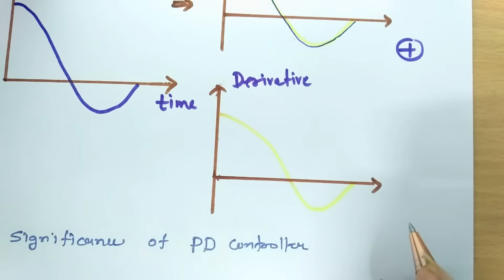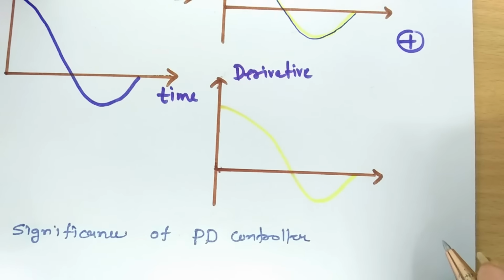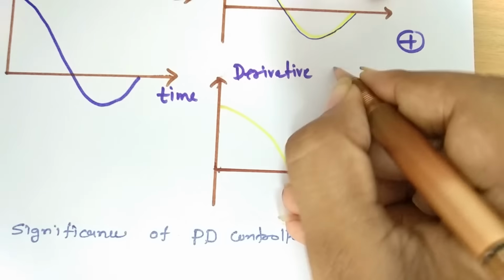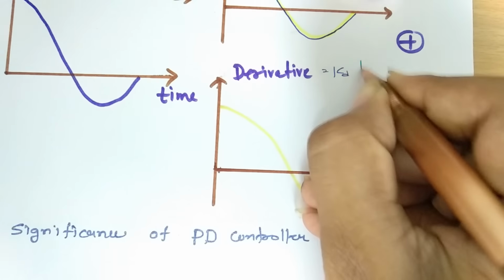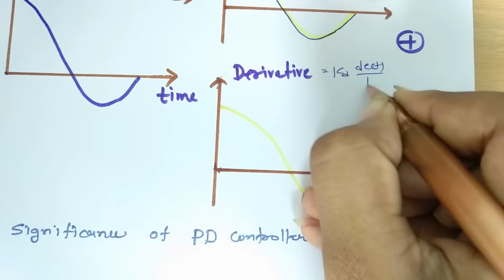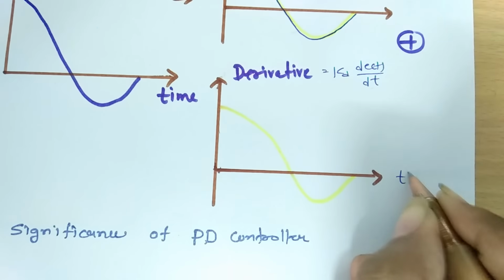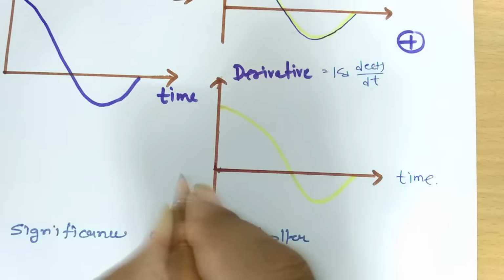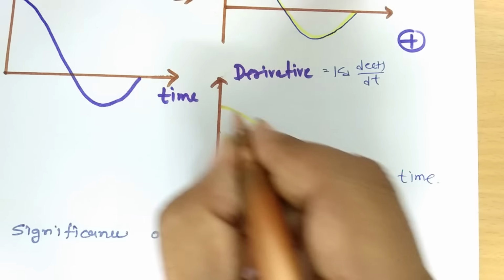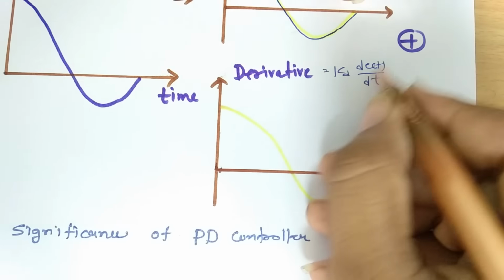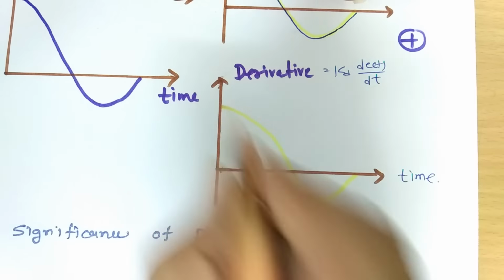Now what happens with the derivative controller? For the derivative controller we have output Kd into de(t)/dt. Now what is de(t)/dt? Here this is time, and this signal is changing with respect to time. Right now this is the error input signal, so de(t)/dt is the slope of this line.